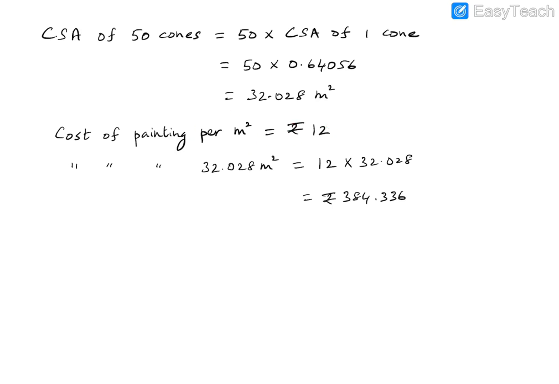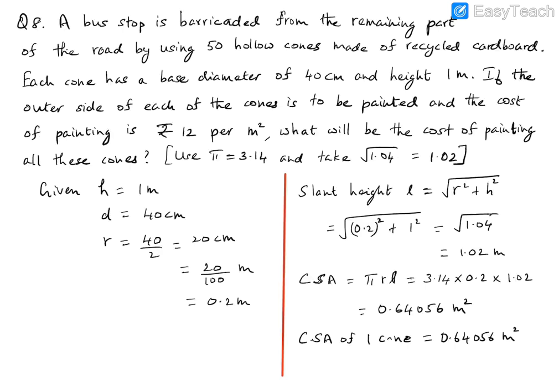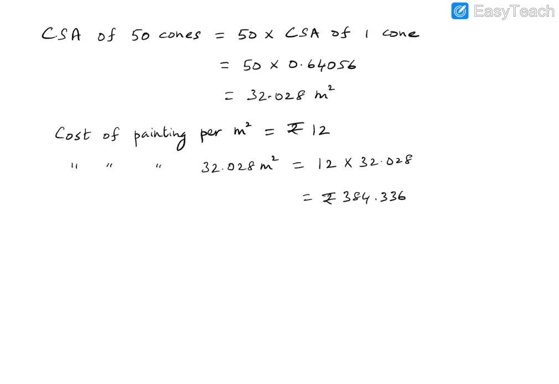So basically what we have done is we have first calculated the curved surface area of a single cone. Once we got that, we multiplied it with 50 because we are given that the number of cones is 50. So the area of one cone is multiplied with 50 to get the curved surface area of all the 50 cones.